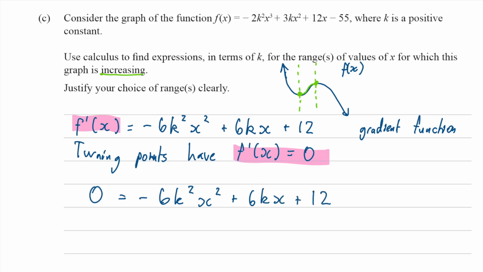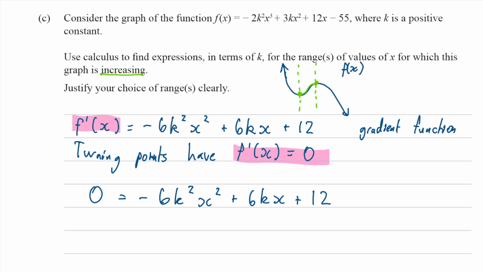And now normally, if there was no k, this is quite easy. We just factorize or we solve using the quadratic formula to get the x values. However, this is an excellence question, and it's asking to leave our answer in terms of k, which is why we do need a bit of algebra, unfortunately, or fortunately, depends if you like algebra.